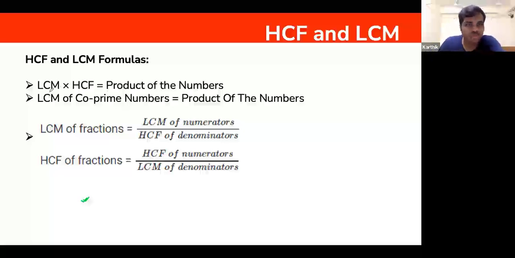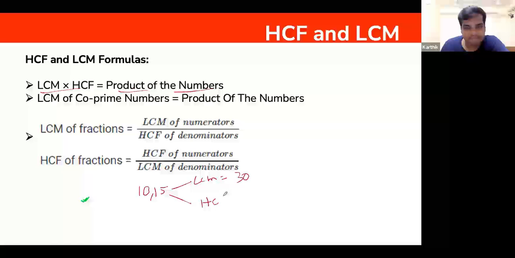And this one also. Product of two numbers is product of their LCM and HCF. We can check that with 10 and 15. The LCM of 10 and 15 is 30.